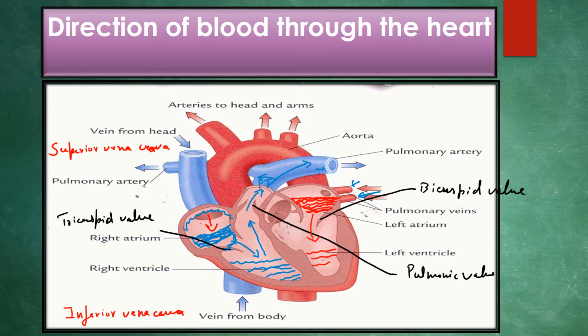Through the bicuspid valve, all the oxygenated blood drains into the left ventricle.